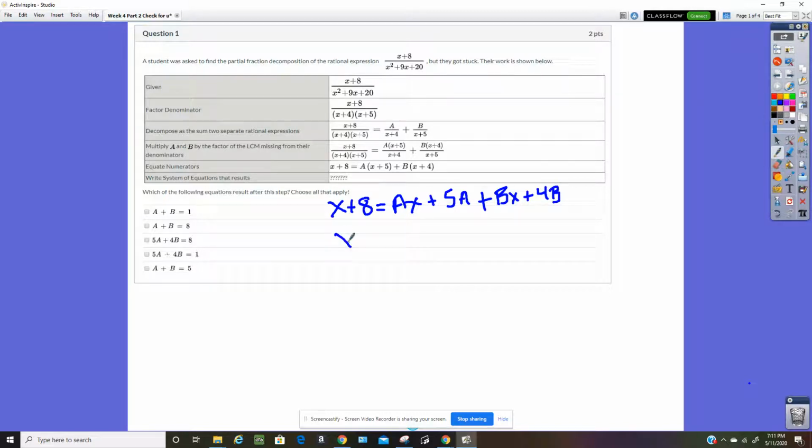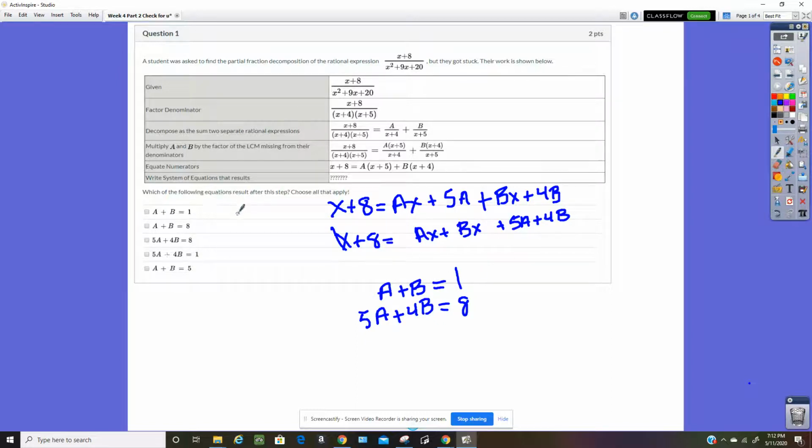So x + 8 equals Ax + Bx, and then plus 5A + 4B. And then from this, I can make two equations. So A + B, and the coefficient of the x is 1, so equals 1, and then 5A + 4B equals 8. So that kind of answers that question there.